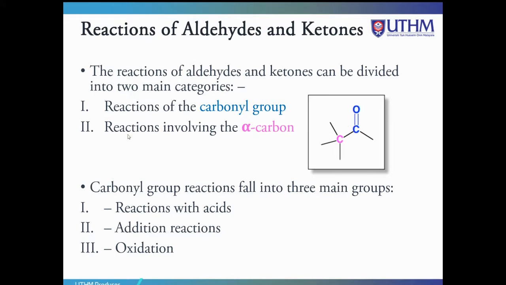The second category is the reaction involving the alpha carbon, which is represented by the purple color in the diagram here. Carbonyl group reactions fall into three main categories: the first one is reaction with acid, the second one is addition reaction, and the last one is oxidation.